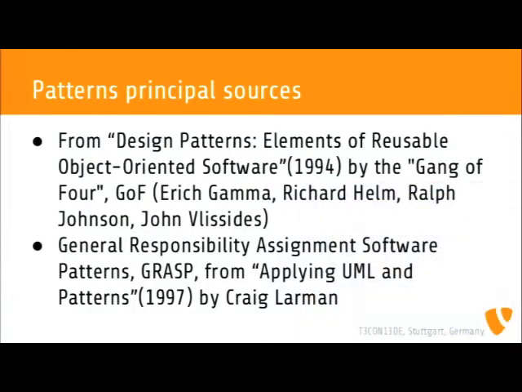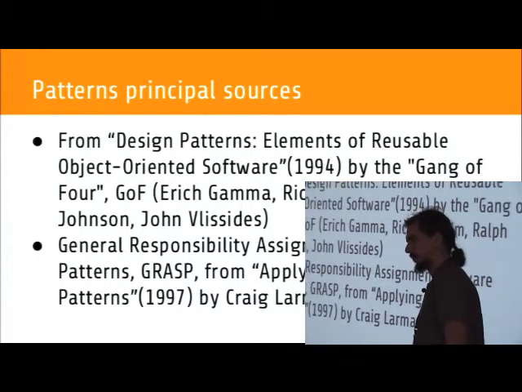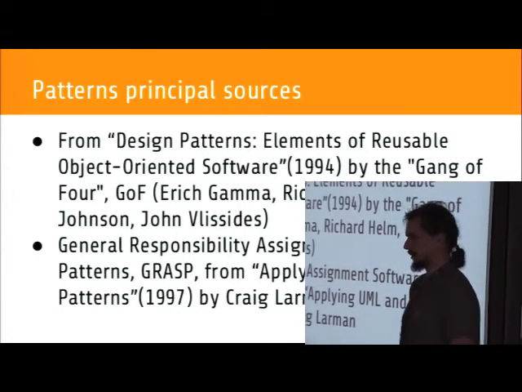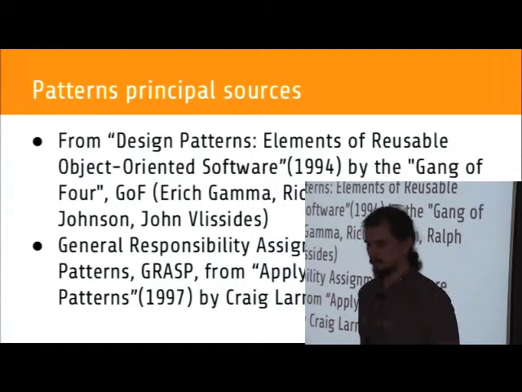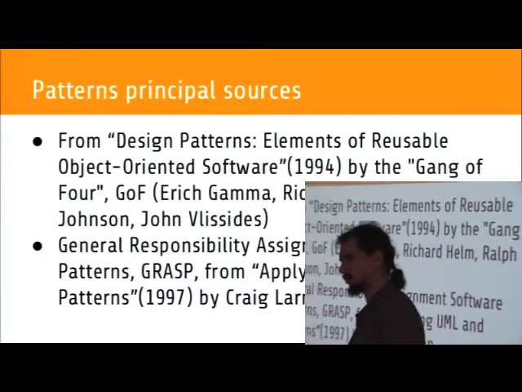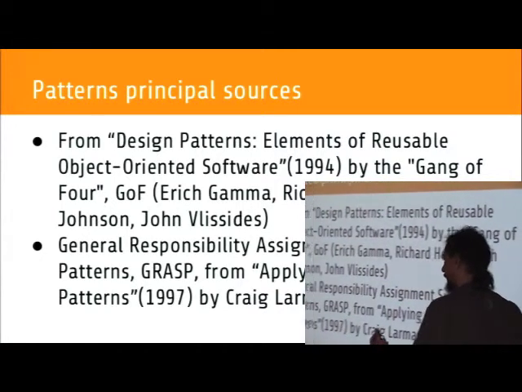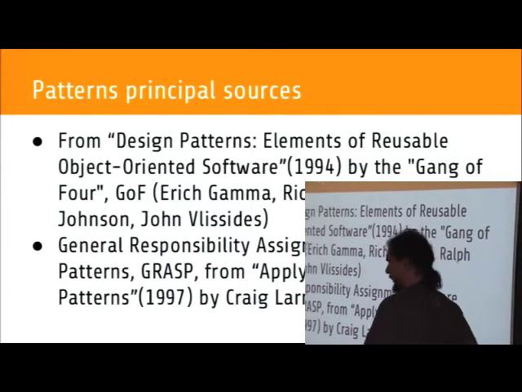So we will not reinvent the wheel. We will take the design patterns, how they were made. Many of you, of course, have read these books, Design Patterns by the Gang of Four: Gamma, Helm, Johnson, and Vlissides. They are classical books which created the definition of design patterns.